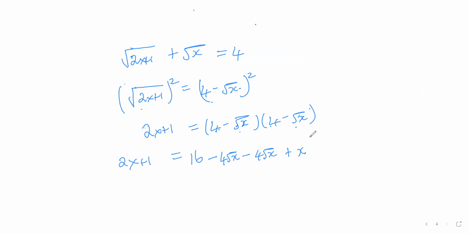So that said, I can then simplify this to 2x plus 1 equals 16 minus 8 root x plus x. Now, I still have a root x, a radical in here that I need to eliminate. So what I must do is isolate this radical and square both sides again. Keep doing the same thing until I no longer have any radicals in my equation.